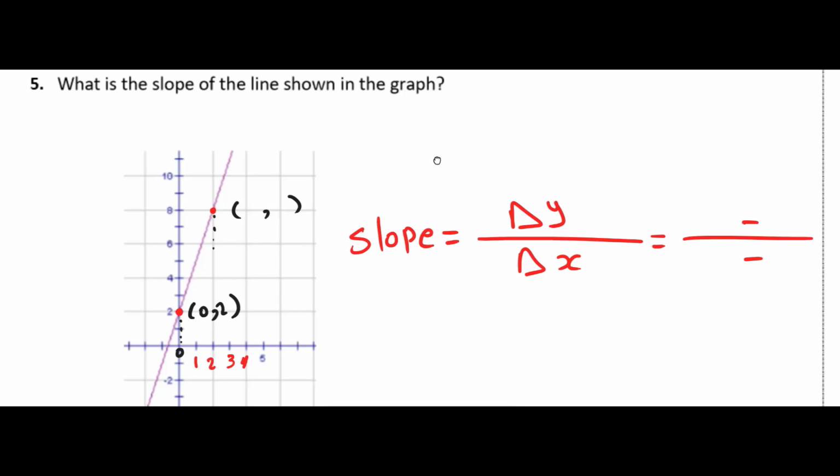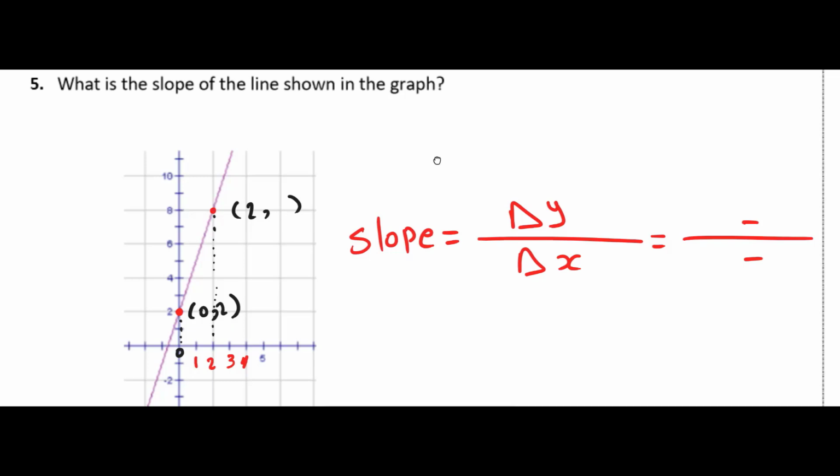This point, if you go down, x is 2, and its y will be 8. Now, do minus. Y minus y, 8 minus 2. X minus x, 2 minus 0. Now calculate. It will be 6 up and 2 down. After simplify will be 3. The slope here will be 3.